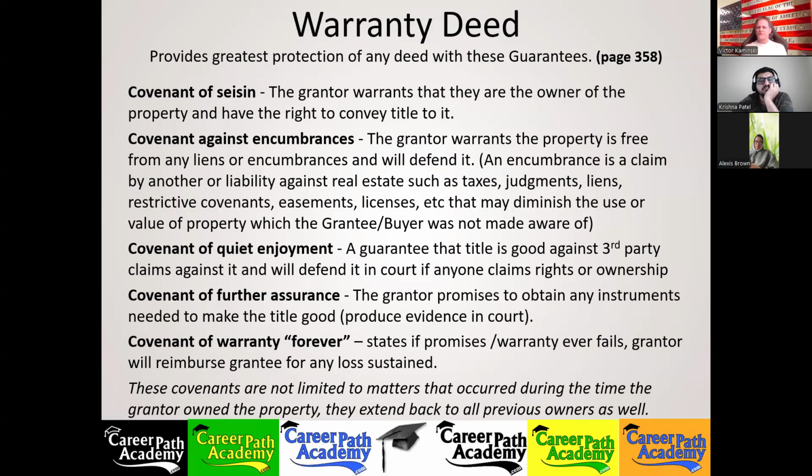And then a covenant of further assurance means that the grantor promises to obtain any documents for evidence to prove that you have good, clear title on that property in court. And then we have the covenant of warranty forever. It states that if promises in the warranty ever fail, the grantor will reimburse the grantee for any loss sustained.